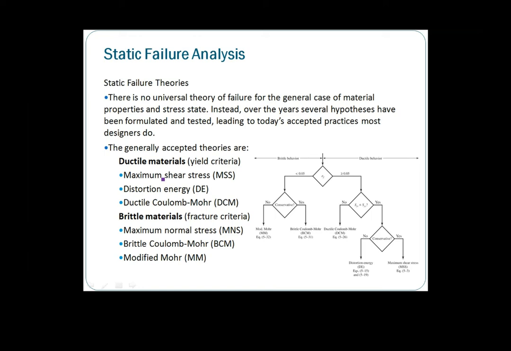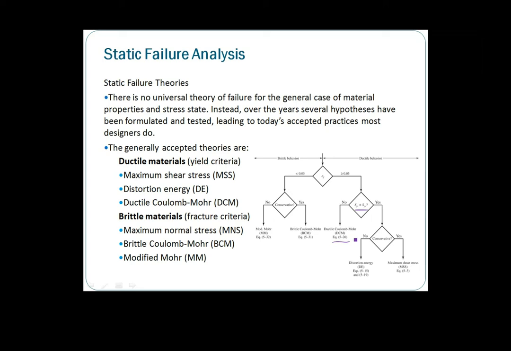Under ductile itself, for some ductile materials you have a yield strength in compression and a yield strength in tension, or your tensile yield strength and your compressive yield strength are different. If they are different, then you have to use the Coulomb-Mohr ductile theory, right?